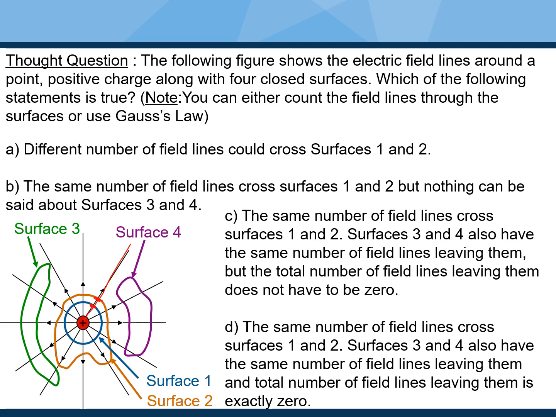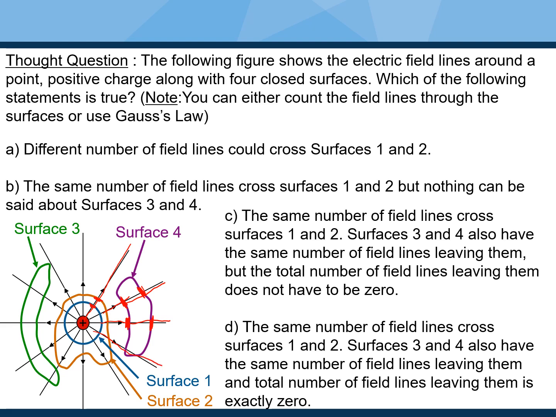Now, let's focus on surfaces 3 and 4. For example, let's focus on surface 4. Notice that for every field line that enters surface 4, the same field line actually exits surface 4. So out here, the field line that enters would be counted negatively, but that same field line exits and therefore would be counted positively. Likewise, out here, the field line that enters would be counted negatively, but the same field line exits out here and is counted positively.